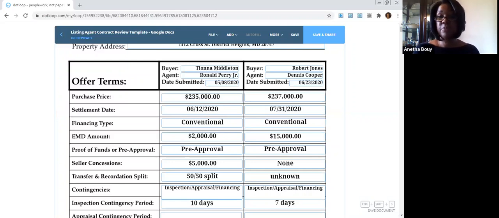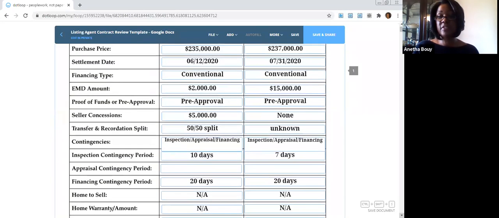He does have a pre-approval letter. He's not asking for any seller concessions or any seller help. There's the transfer and recordation split that has not been identified. So that's something that, if you're considering his offer, you would want to make sure that you guys are clear on paper how that's going to be handled.